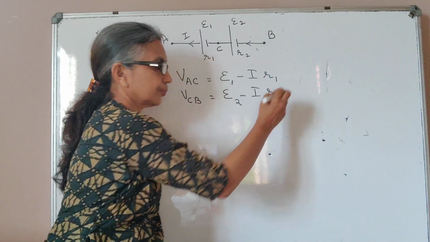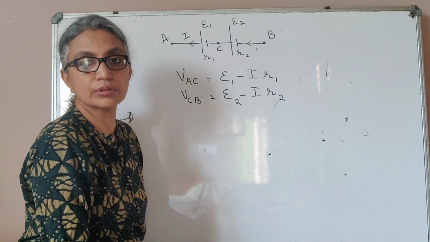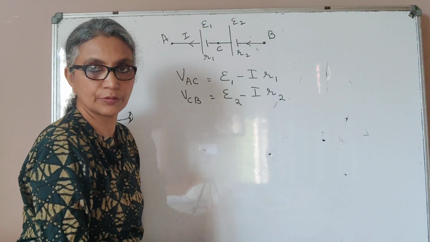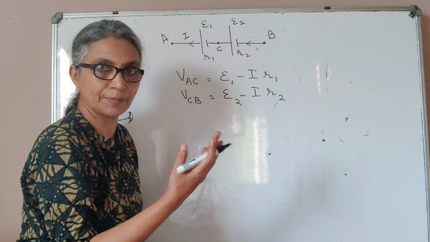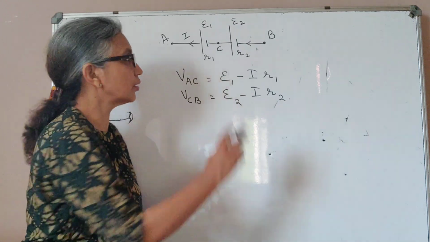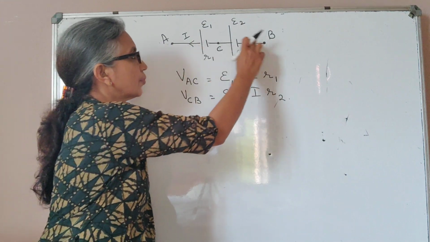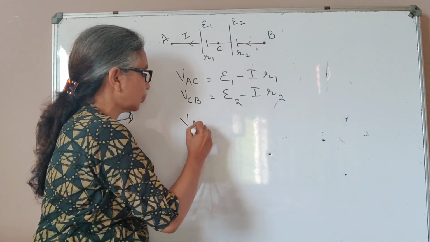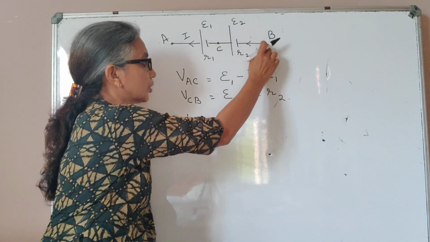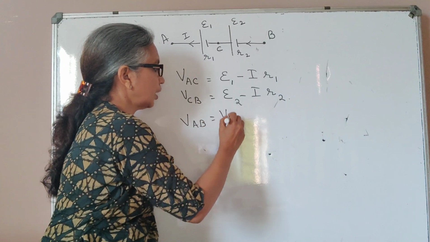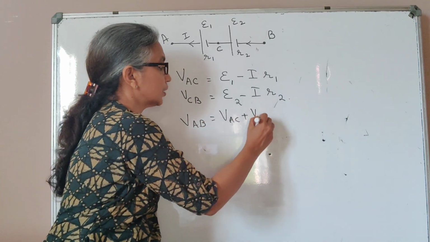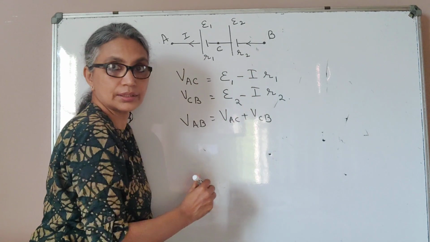Now you know voltages in series will get added up. If your cells or resistors or your capacitors are in series, then the voltages across each one will get added up. So the total terminal voltage between the two points, VAB, from here to here, should be VAC plus VCB because they are in series.